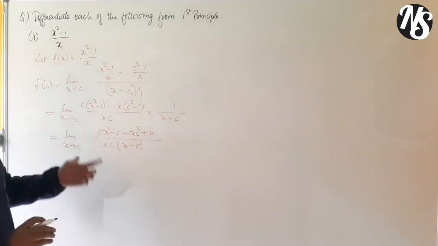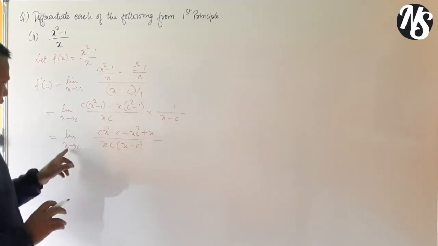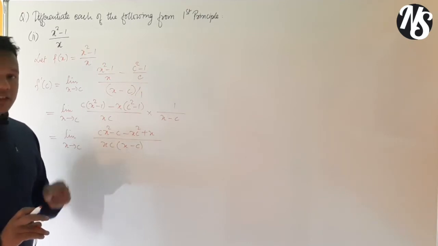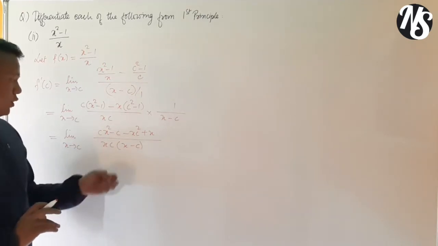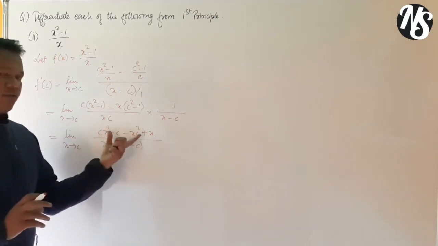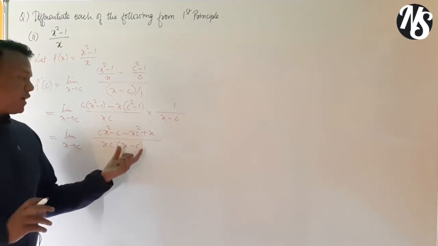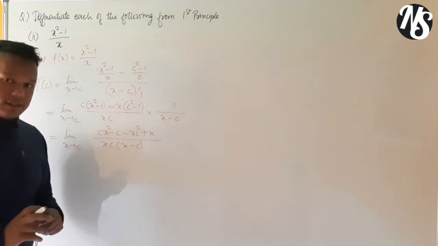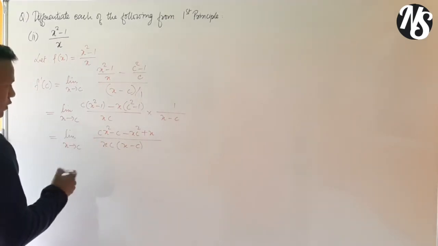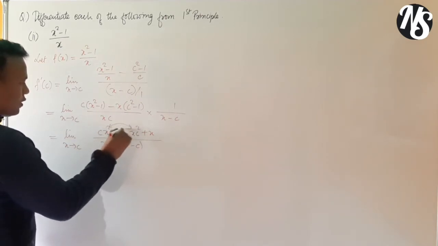Now you know I'm getting problem with only x minus c, because when you put x equals to c, then this becomes 0, which becomes indeterminate form. Okay, so I want to get rid of this. Now in order to get rid of this, let's try to factorize numerator and check whether we get this much or not. If we are able to get x minus c, then they will get cancelled. So that's what I am trying here. Okay, so in order to do that, what I am going to do is, let me take these two things together.